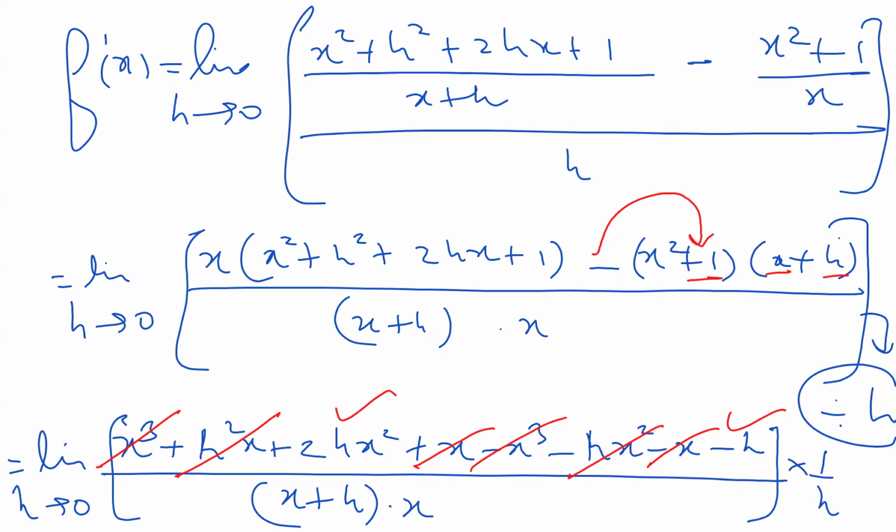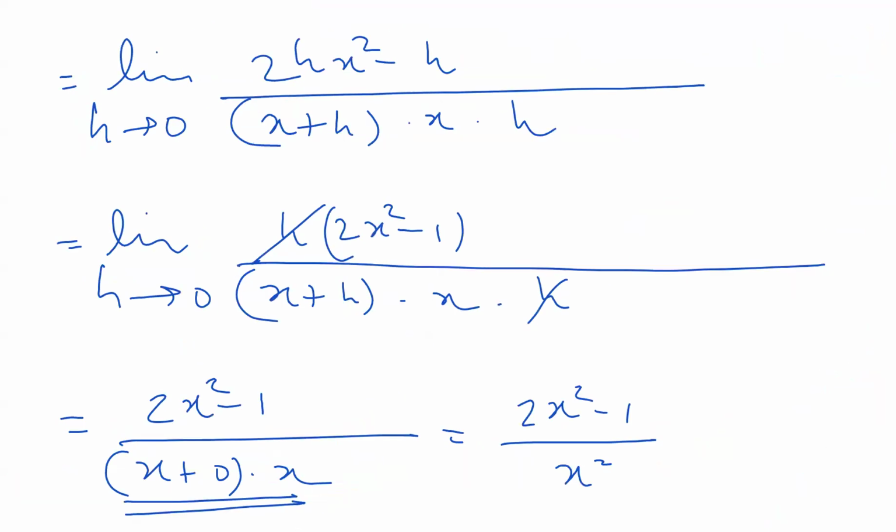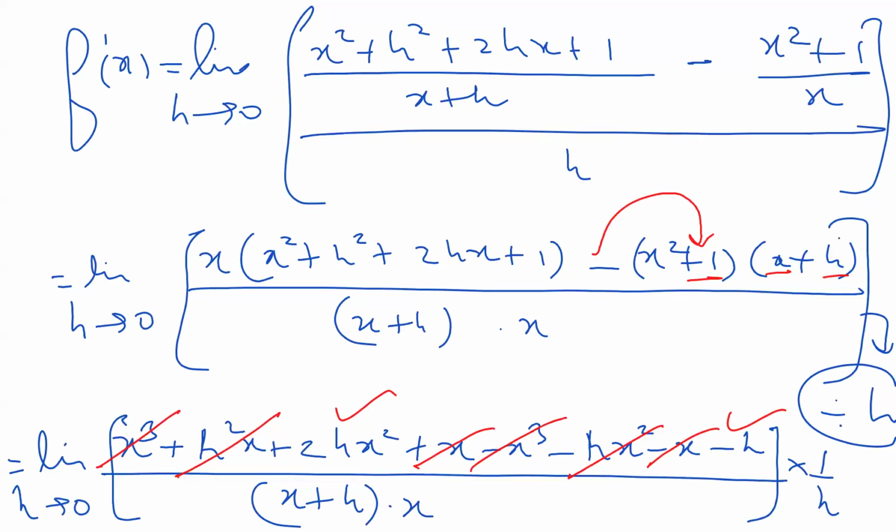2h square, 2h x square minus h. So I probably went wrong over here.